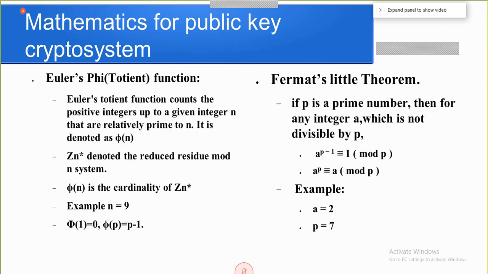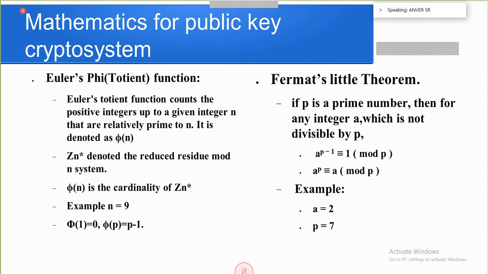So Zn star is 1, 2, 4, 5, 7 and 8. Total 6. So phi of 9 is 6. That is, Zn star contains a total of 6 elements.